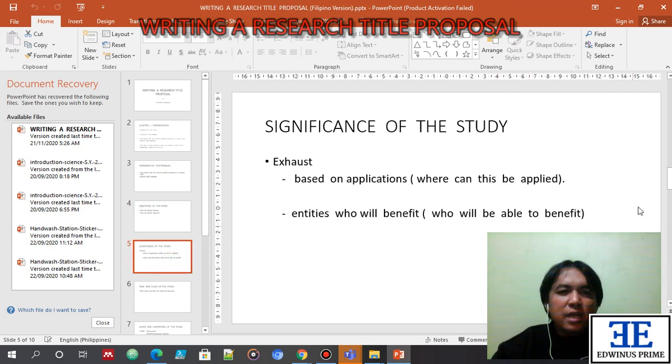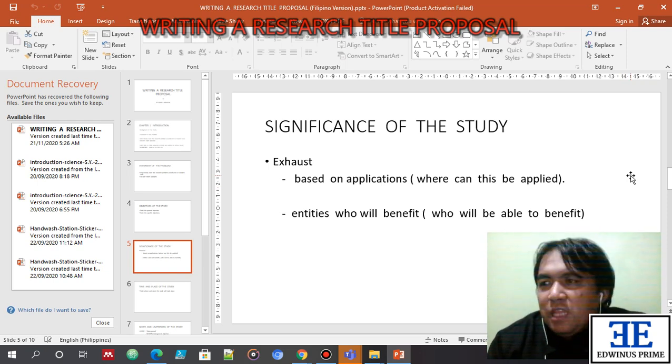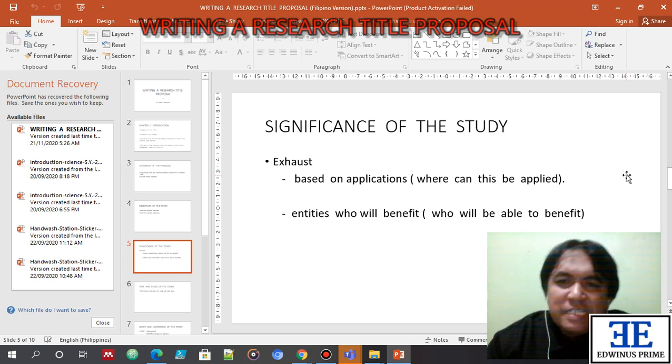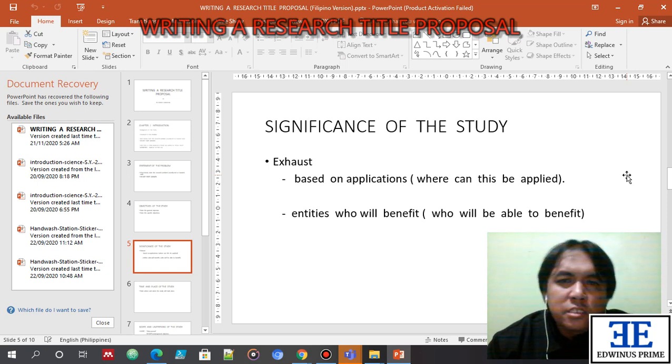Significance of the study. Why are you conducting the study in the first place? Significance of the study has something to do with the impact of your research. If there is no significance, you don't do that research.